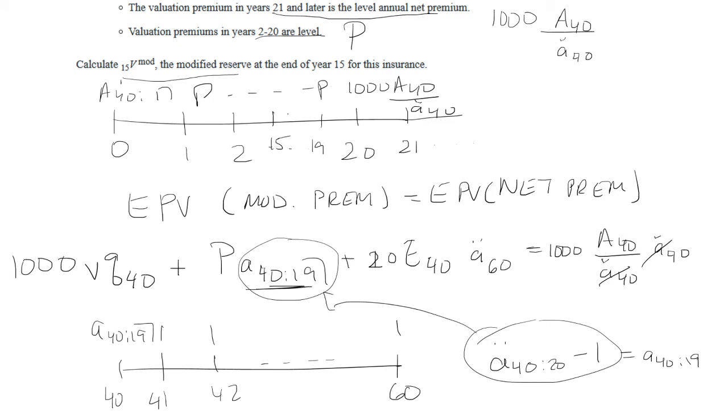Not quite in the middle, but the premium is P there. So we're going to have P premium for 5 years. And then obviously we need to discount it back 15 years in survival. And after that, we're going to have the level annual net premium starting at year 20.